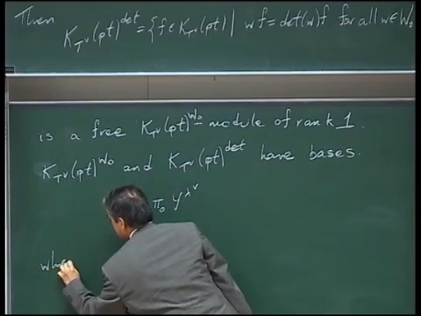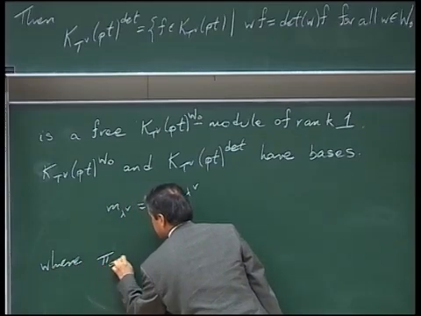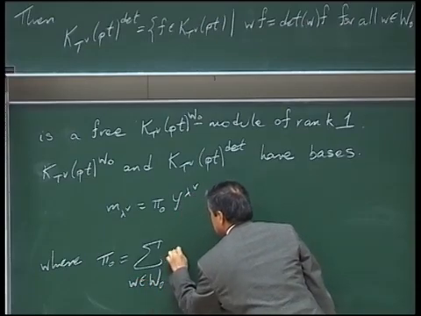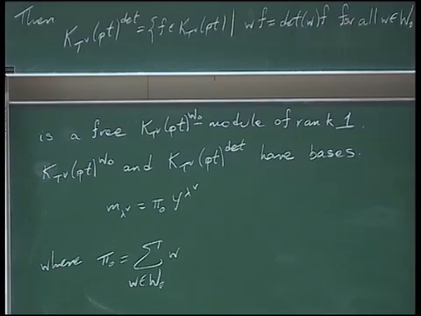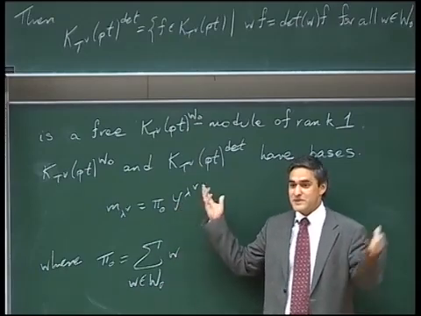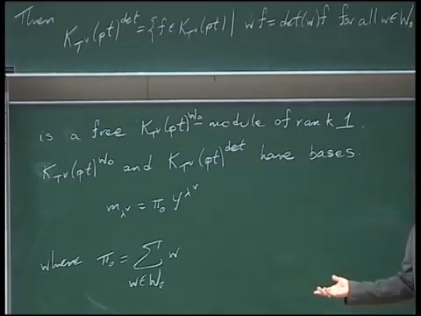So here my notation is that pi 0 is just the symmetrizer. So view it as an element of the group algebra of W naught. If I take a monomial and symmetrize it, I get a symmetric function.